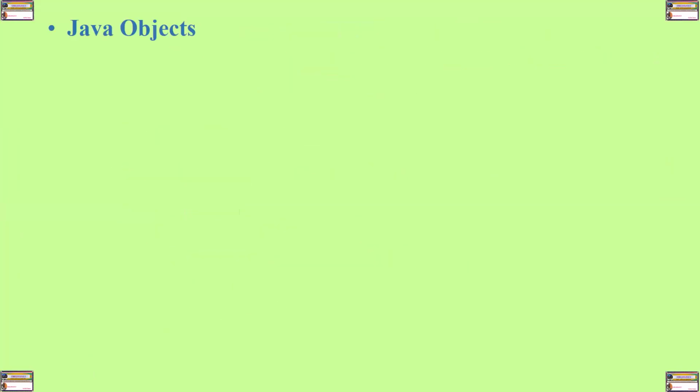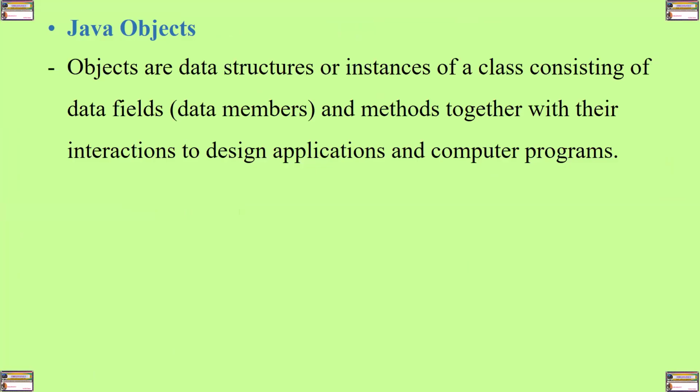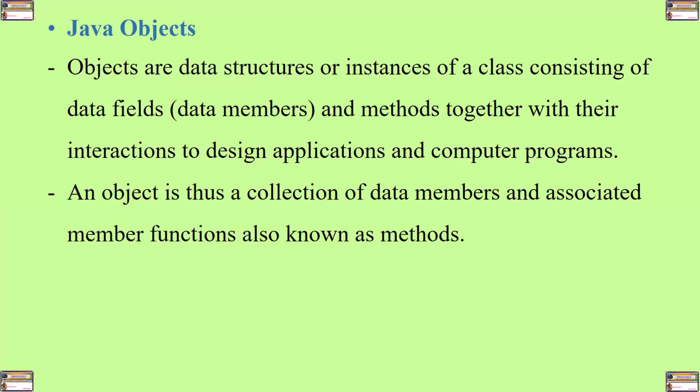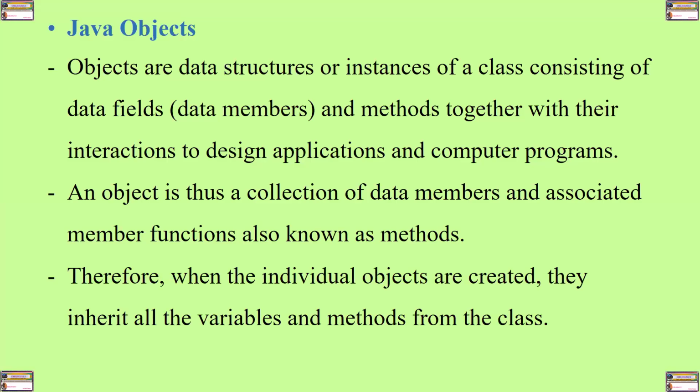So what are Java objects? Objects are data structures or instances of a class consisting of data fields or data members and methods together with their interactions to design applications and computer programs. An object is thus a collection of data members and associated member functions, also known as methods.